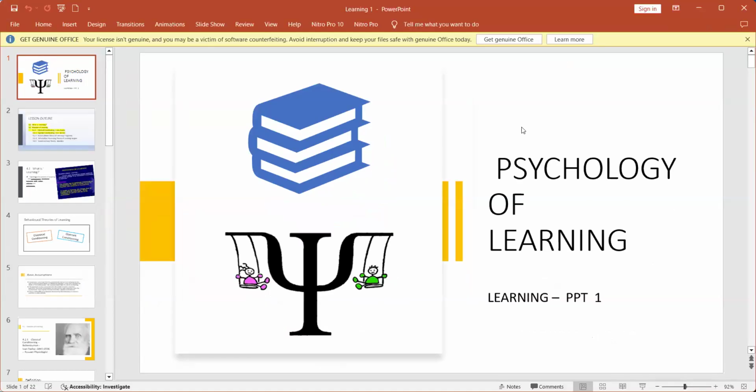Right. So we actually started the unit learning. Before that, we have done the introduction to psychology, the first session. And then we looked at lifespan development, developmental psychology, unit 2.